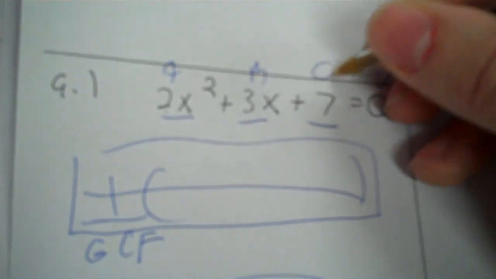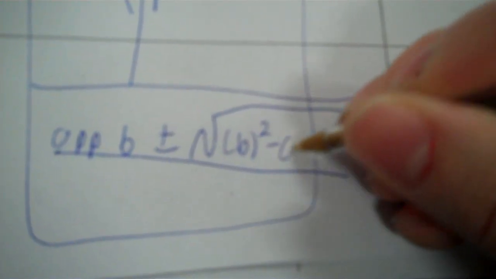So GCF and the table. GCF's 1. I'm telling you right now, you won't be able to find this. Okay, you will have to use the quadratic formula. So, opposite of b plus or minus the square root of b squared minus 4ac, over 2a.